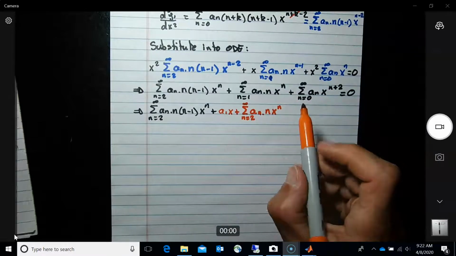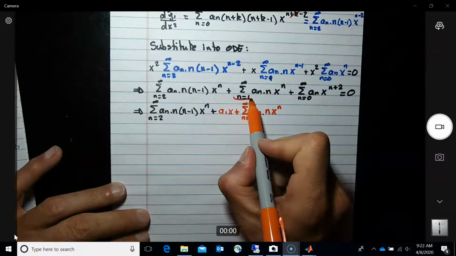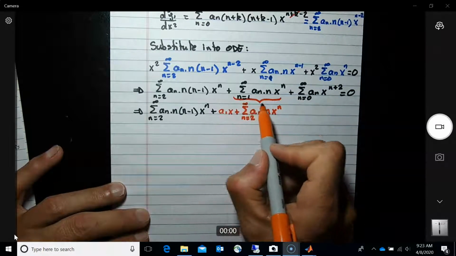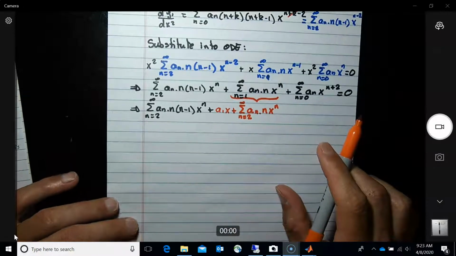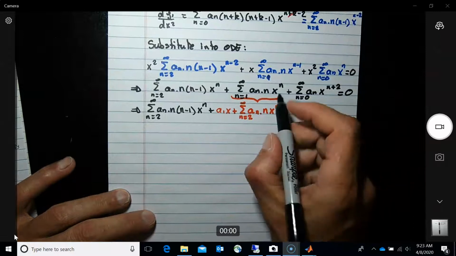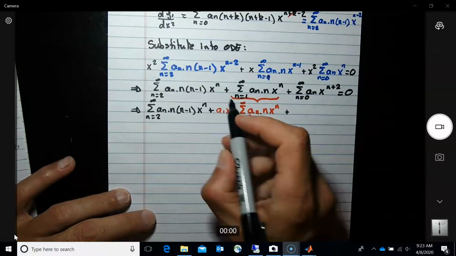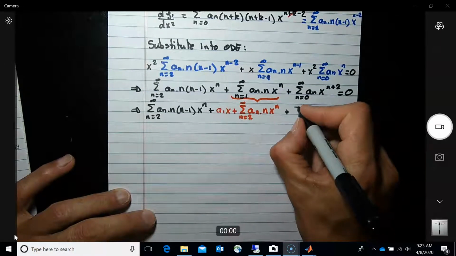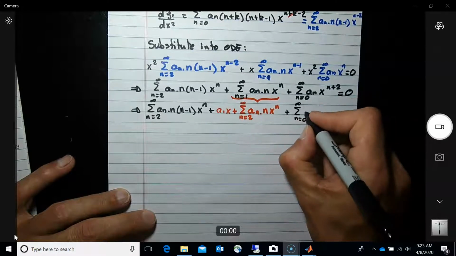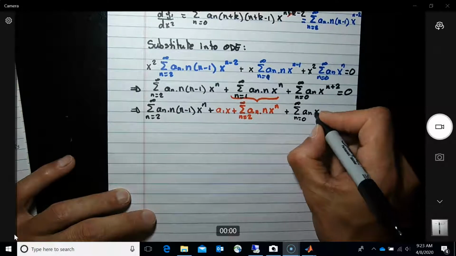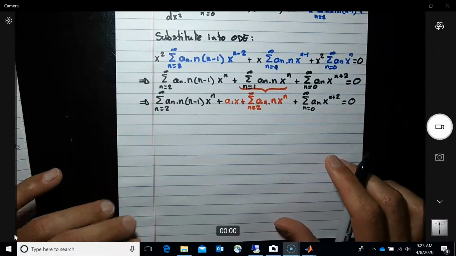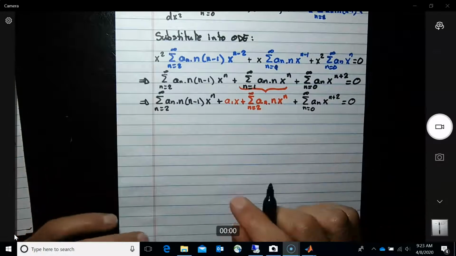So basically, this is this term over here. Alright, so these two terms over here correspond to this one. And now this one, they have the same power n, so we can leave it unchanged. A sub n x to the n plus 2 is equal to 0.